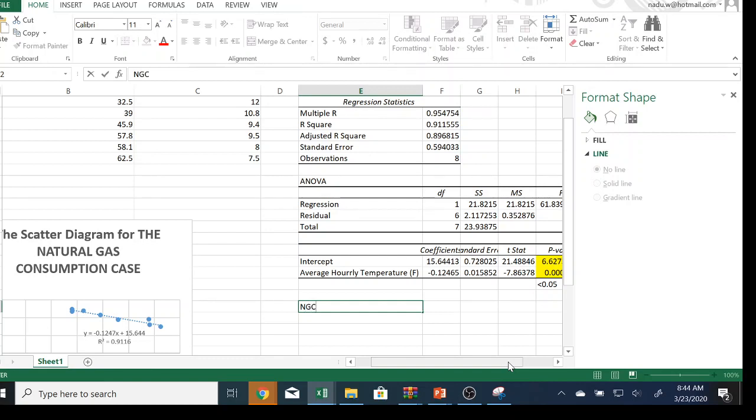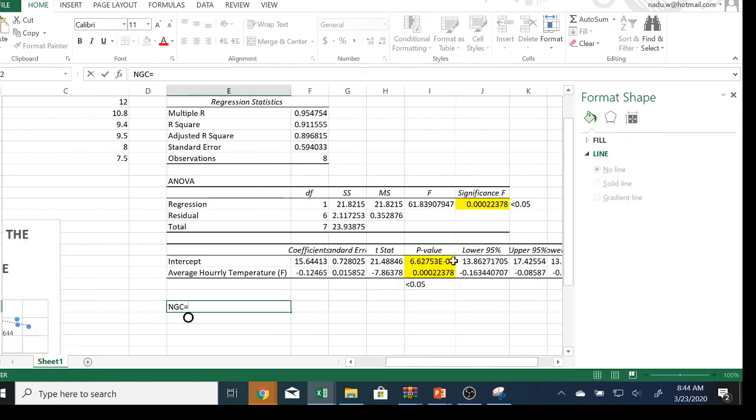I'll put it as NGC, which means natural gas consumption, equals... what is our intercept? Here we have the p-value of the intercept, and here we have the intercept, it's 15.64413.